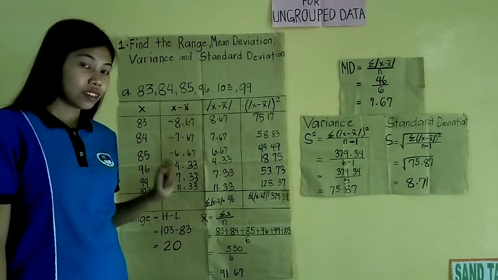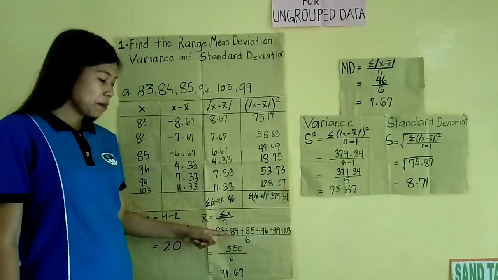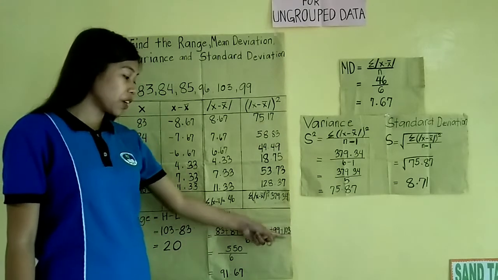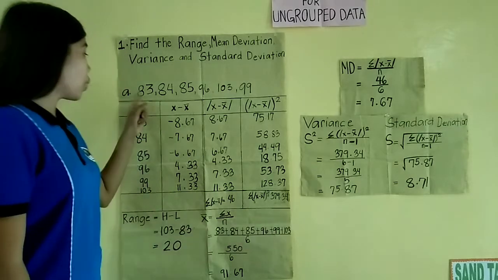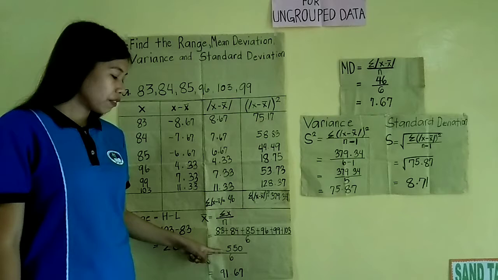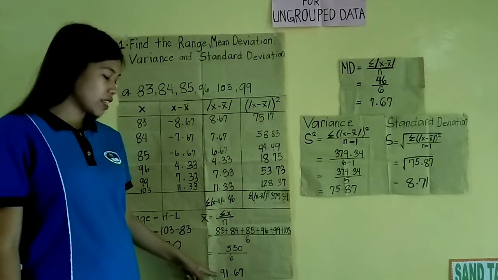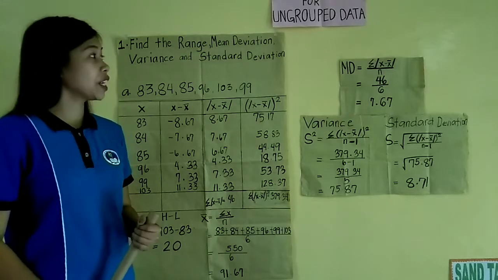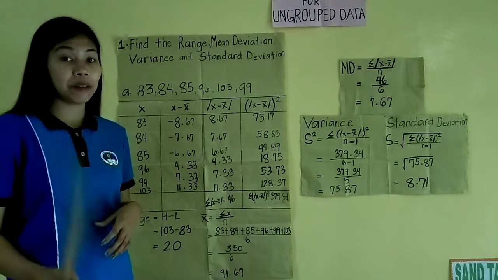So, like this: 83 plus 84 plus 85 plus 96 plus 99 plus 103 over 6. 1, 2, 3, 4, 5, 6. That's why it is 6. So, 550 over 6 is equal to 91.67. That is the first step in finding our mean deviation: get the mean.